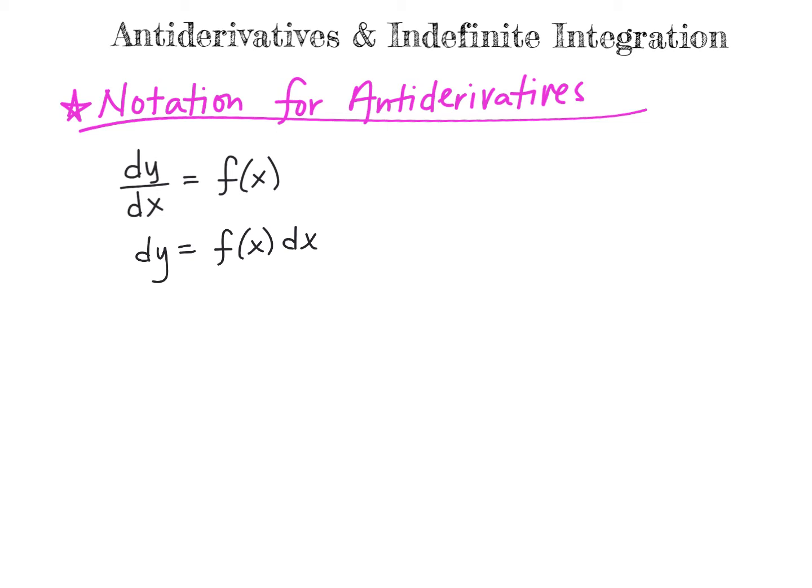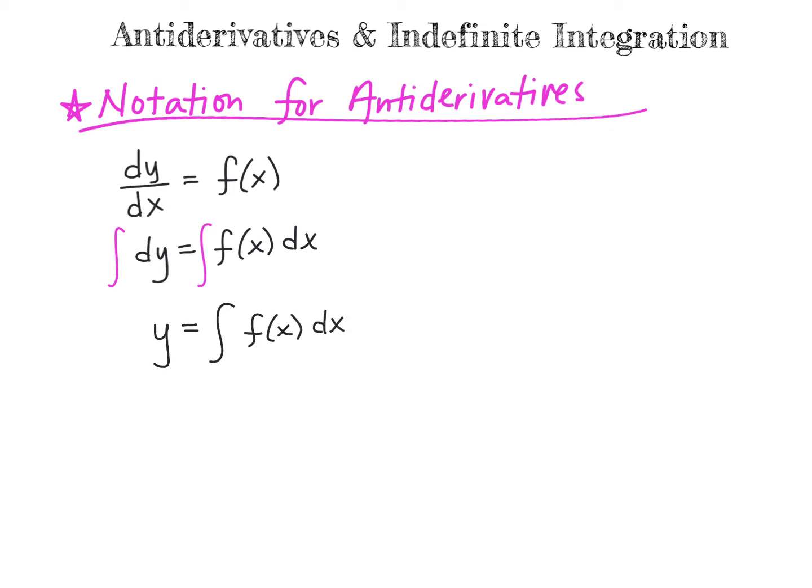Then what I'm going to do is introduce a new symbol. In order to find the general equation, I am going to take the integral of both sides. The integral is this snake-like looking symbol that will be in pink. Now, the integral of just 1 dy is just y. Over here, we still have our integral of f of x dx.